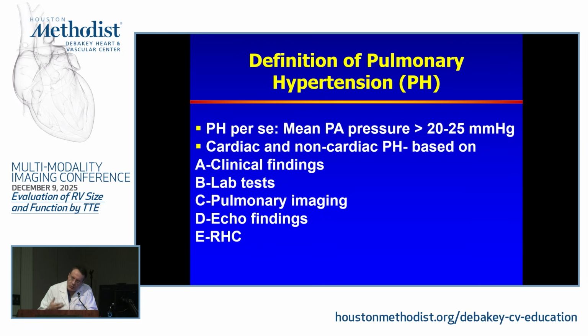And finally, what is the RA and RV compensation? However, the most reliable distinction between cardiac and non-cardiac etiologies is not going to sit with imaging only. You want to look at clinical findings and lab data. There are diseases that cause pulmonary hypertension, as you know, by different mechanisms. Then pulmonary imaging, looking at the pulmonary parenchyma and vasculature, echo findings, and certainly right heart cath.